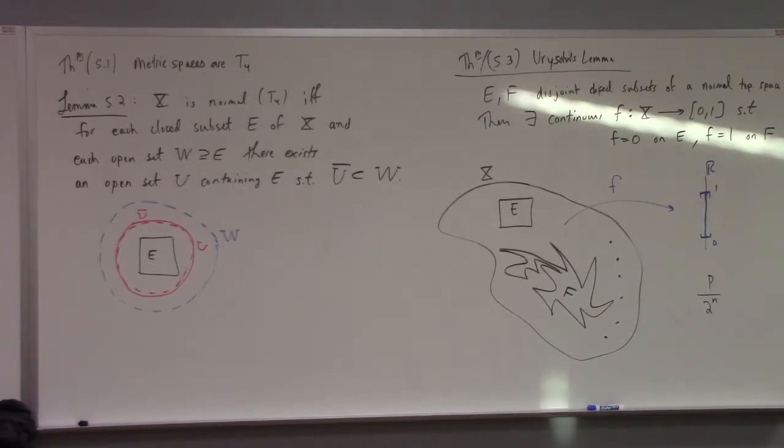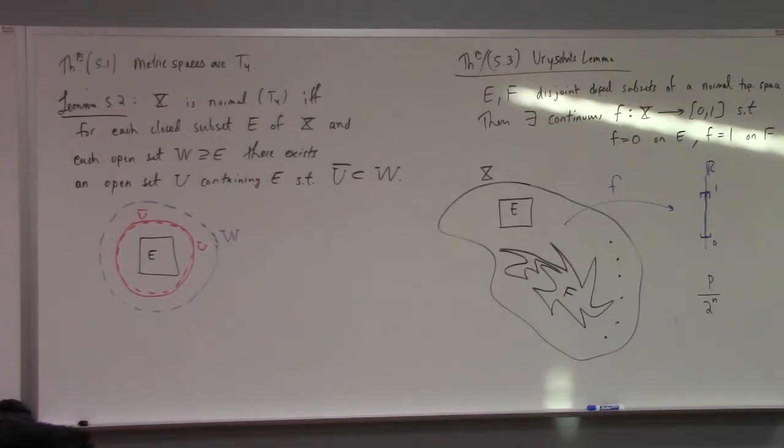I think of it as something like this. If I had, I don't know, maybe Y is like this, right? And my function F, I can picture it's bounded, right?